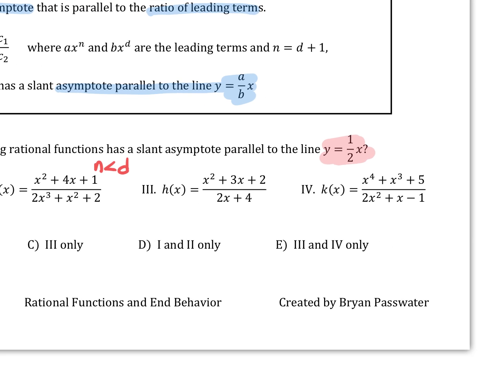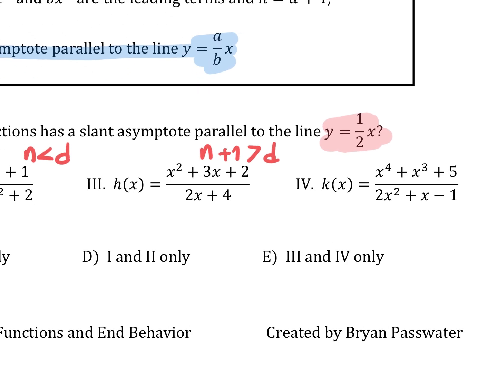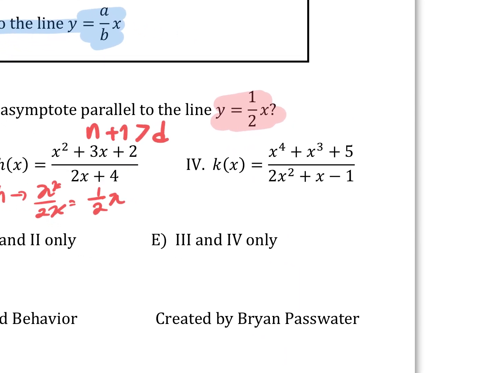What else? What about this one? Third option. We can say that the numerator is actually greater than the denominator, and it's exactly 1 greater than the denominator. So let's try to look at it. Let's say h, so that's going to give you x squared over 2x. Cancel that, and that's going to be 1 over x. Okay, what about k of x?